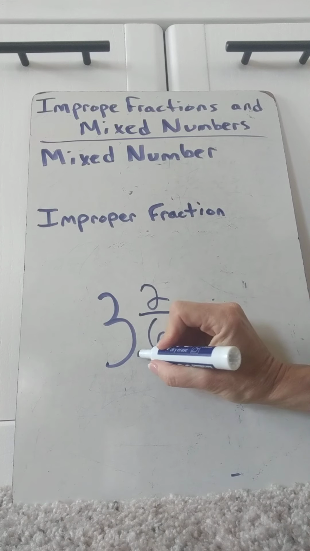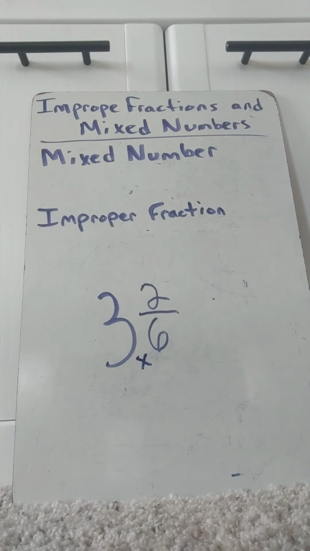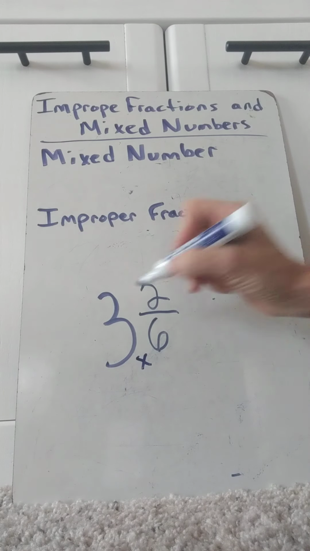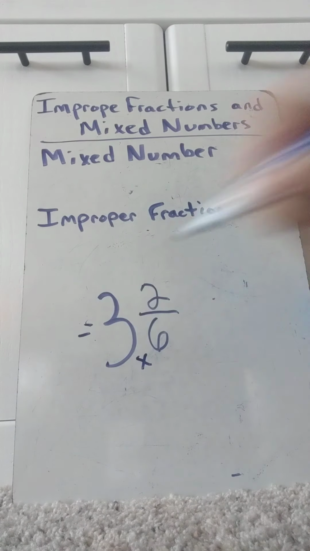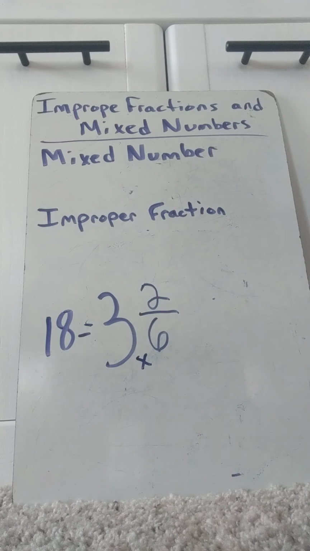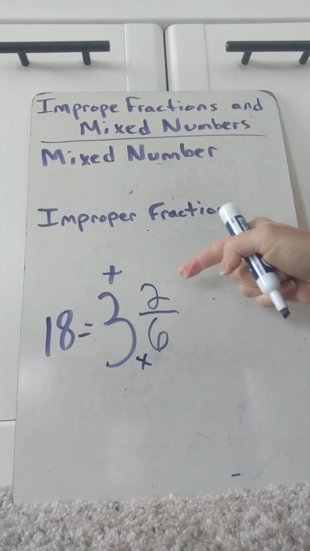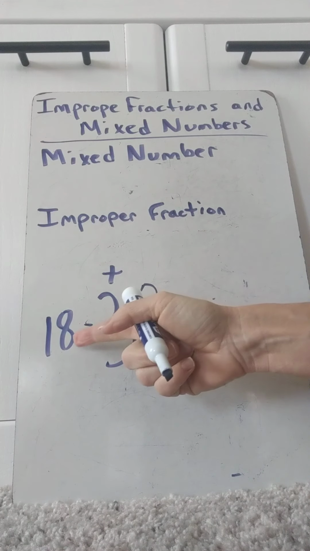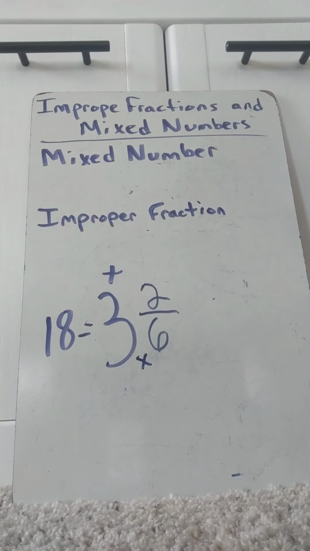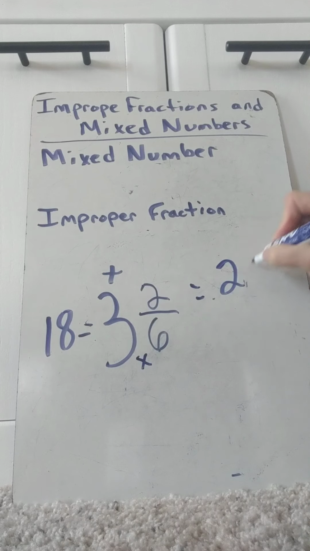Remember what you do, you times this. 6 times 3 is what? That equals 18. Okay? Then I'm going to add the 2. So what's 18 plus 2? 18, you have 19, 20. 20.